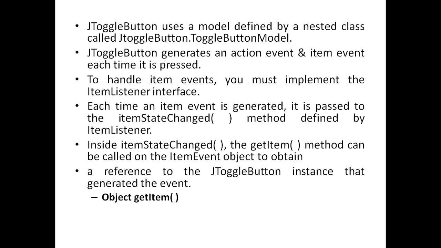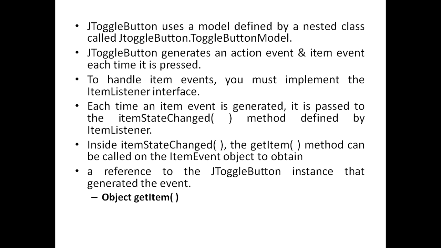To handle item events, you must implement the ItemListener interface, which consists of a method called itemStateChanged. And if you want to handle the action event, then you need to define the actionPerformed method defined by the ActionListener class.